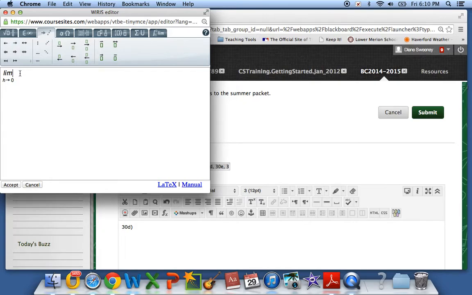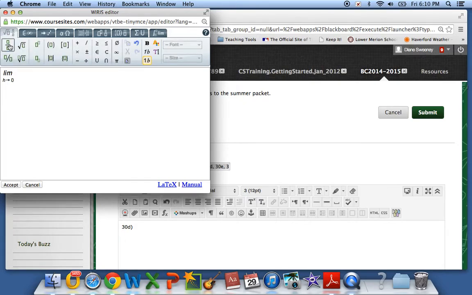And then we need to add a fraction, a difference quotient, obviously. So I'm going to add a fraction, and we're going to have the cube root of x plus h minus the cube root of x, over h, just following the limit definition of the derivative. Okay, so there's our start.